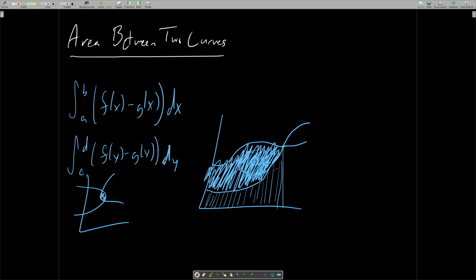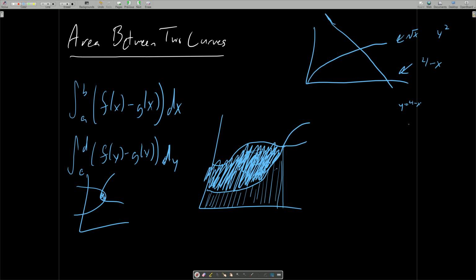And this could be square root of x. But since it would be easier to evaluate this by using right minus left instead of top minus bottom, you could change these into terms of y. So 4 minus x, that would be, so x equals 4 minus y, and then plug them into your area between two curves formula that way.